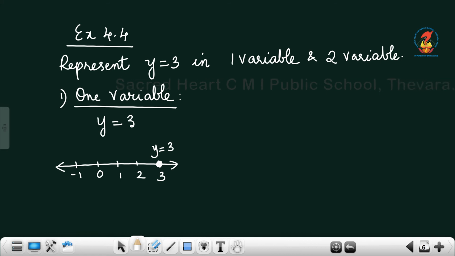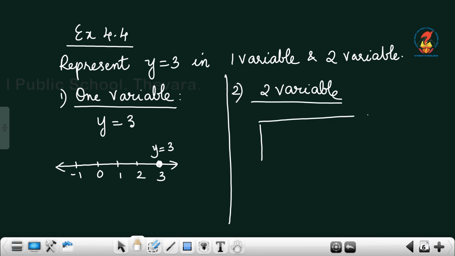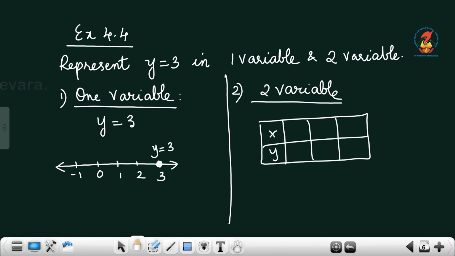Now, you have to represent this in two variables also. In two variables, the other variable we are going to take as x, y. Y is equal to 3. X, you can take any value.